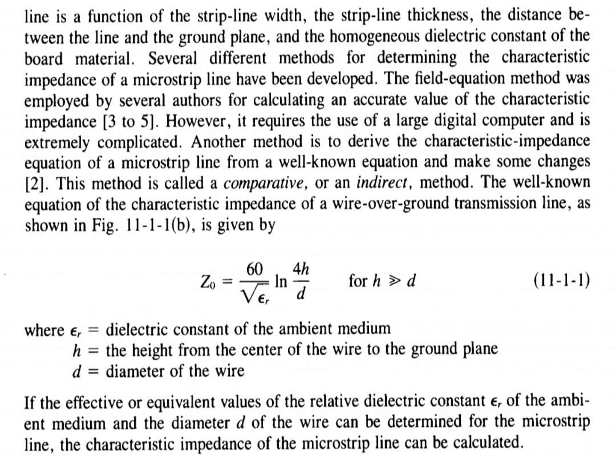Another method is to derive the characteristic impedance equation of a microstrip line from a well-known equation and make some changes. This method is called the comparative or indirect method.